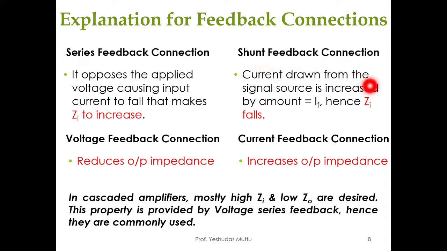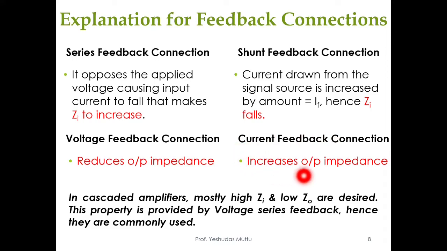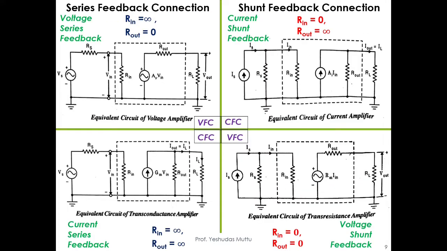See, in shunt feedback connection, Zi falls. So we have seen over here that Rin is 0. Similarly, this is also a current feedback connection. So the current feedback connection tries to make your output impedance more. It increases the output impedance. So we can see over here that Rout is infinity. So it is clear that current feedback connection increases the output impedance.